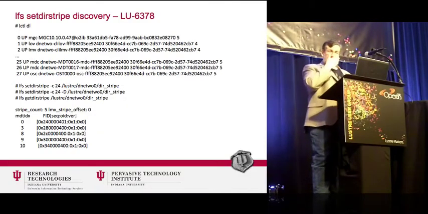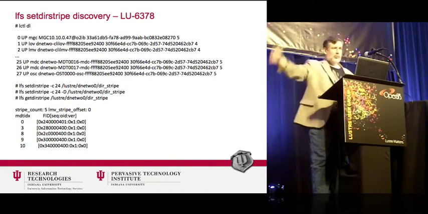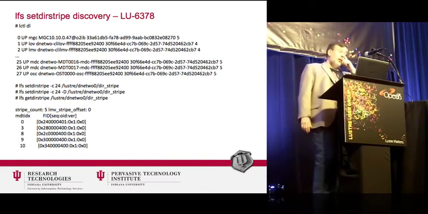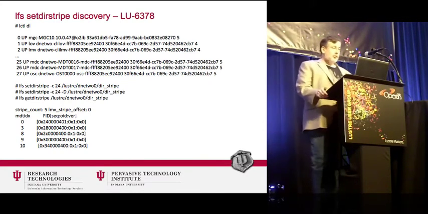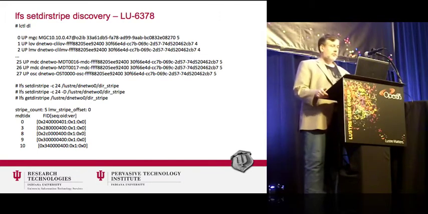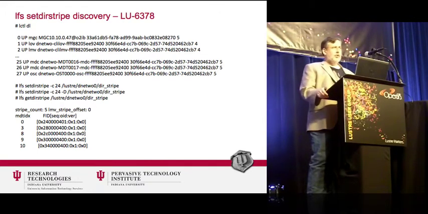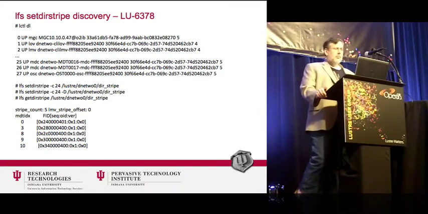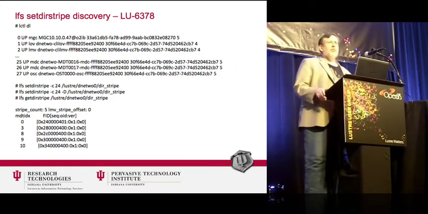In addition, we discovered that in the scripts we were running, you could list the devices and you'd see that you had 24 MDTs available. And so in the script, we would then set the dir stripe at 24. But as you can see, after doing a get dir stripe, we really only had 5.